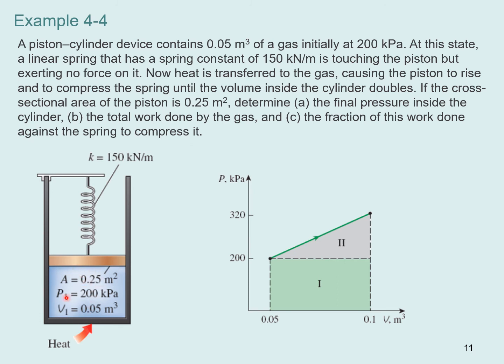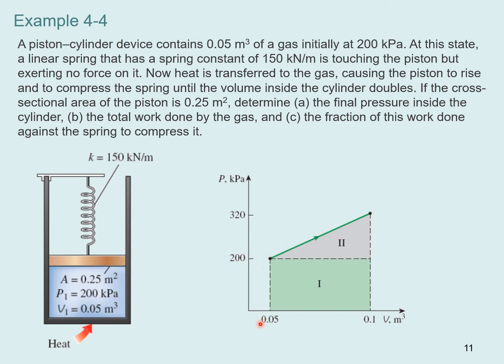So here shows the initial state. This is our spring constant. We apply the heat. Now, the spring force is given by what's known as Hooke's law, which is F equals k times x, where x is the amount of compression. Well, that equation is a linear equation, like a straight line, y equals mx kind of thing. So here, the pressure versus volume is going to be linear.